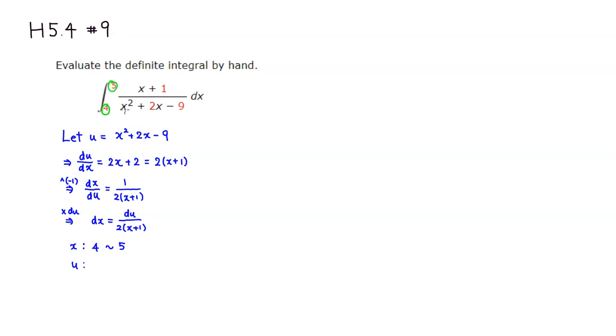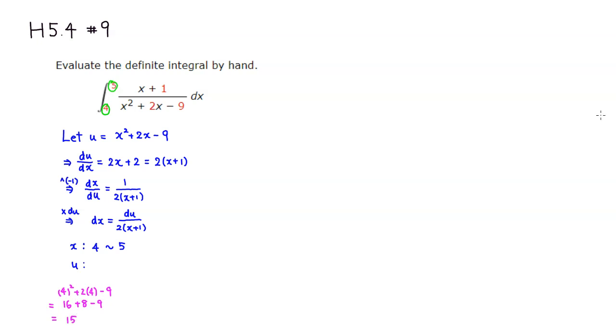If you plug in 4, maybe I'll do it on the side. If x is 4, you have 4 squared plus 2 times 4 minus 9, which is 16 plus 8 minus 9, so that'll be 15.